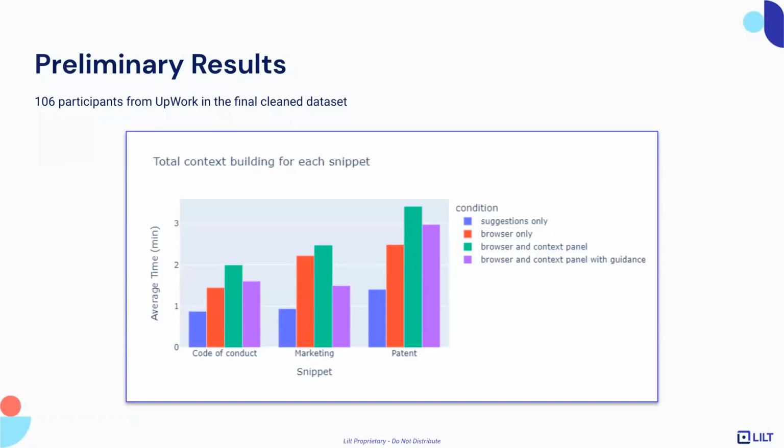Okay, so what we find is that translators generally favored using the context panel. And what was really exciting is that, depending on what word or phrase they were looking up and how difficult that word or phrase was, we could actually guide the time translators used to build context towards those specific words or phrases.